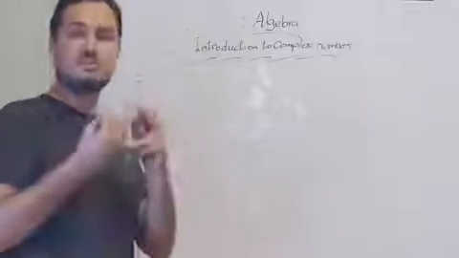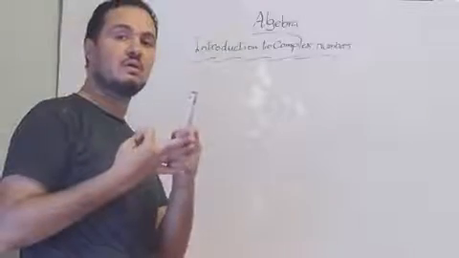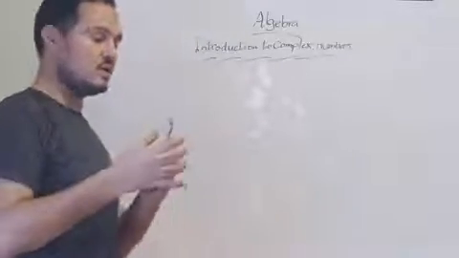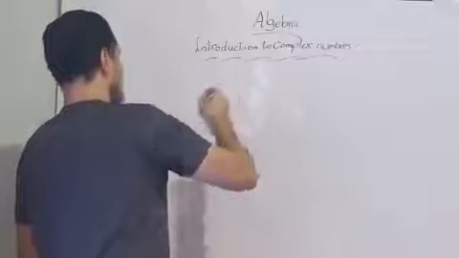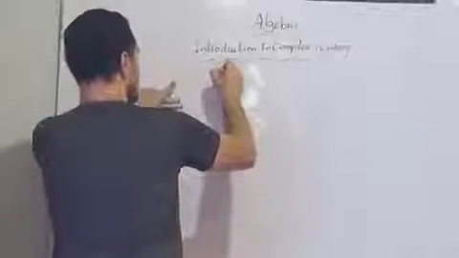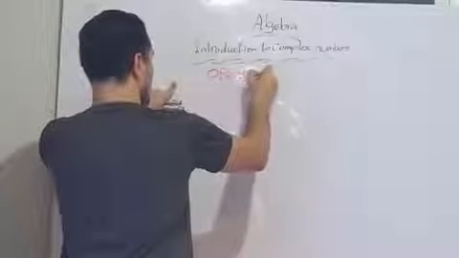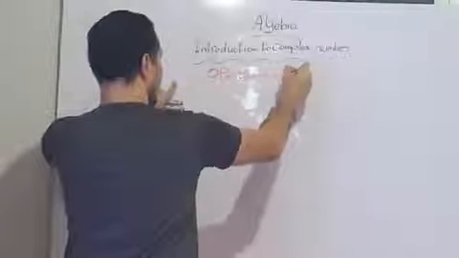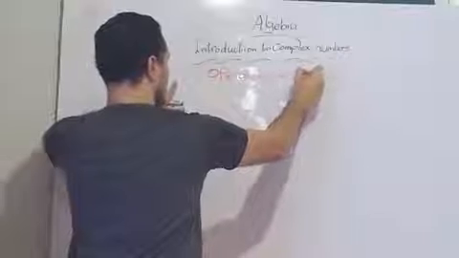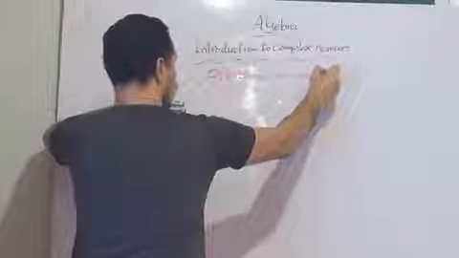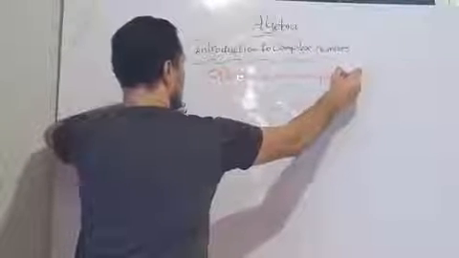It's adding, subtracting, multiplying, dividing. Okay. So, operations on complex numbers.